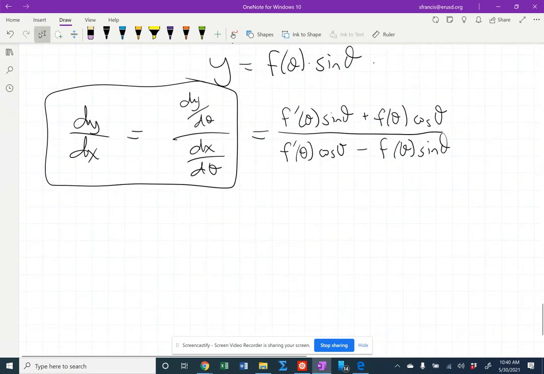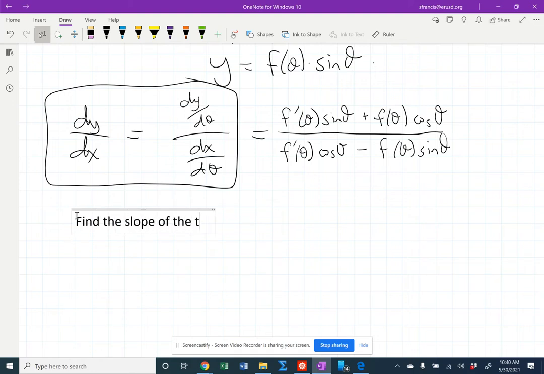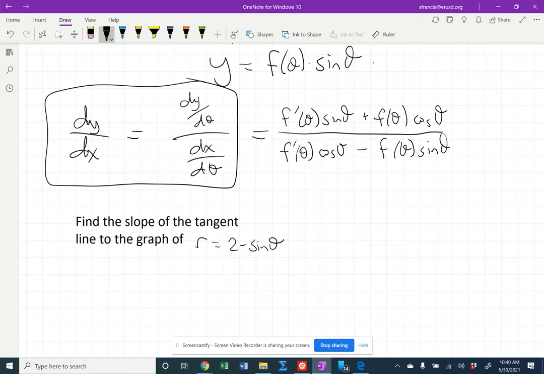All right, so let's find the slope of the tangent line to the graph of r is equal to 2 minus sine of theta. You can go graph that.